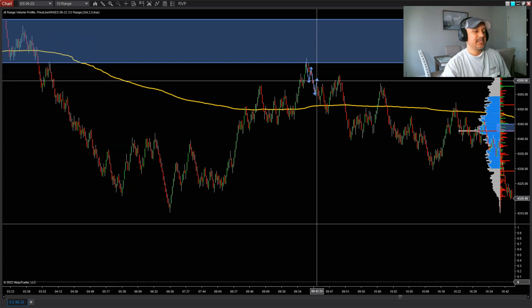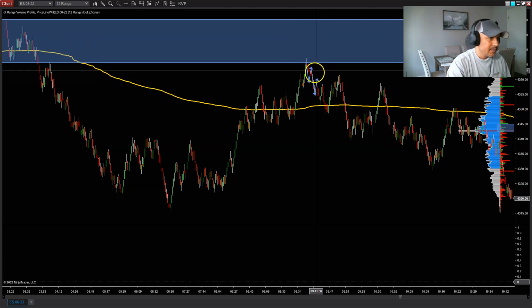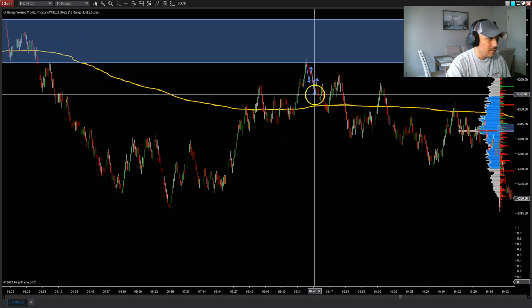So you got step 1, which is first identifying an area of supply or demand on the higher time frame chart, okay? Step 2, now that we blocked off an area of supply or demand on the 60 range chart, the higher time frame, now step 2 has 2 parts. Part A, we want to see price, in this case here, because it's tapped into an area of supply, make a low, pull back, make a lower high, and then make a lower low.